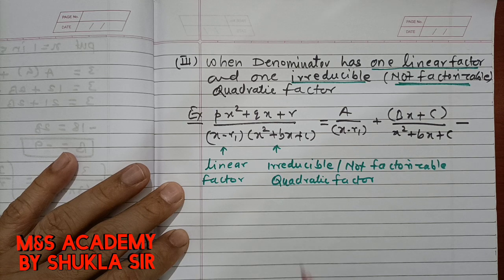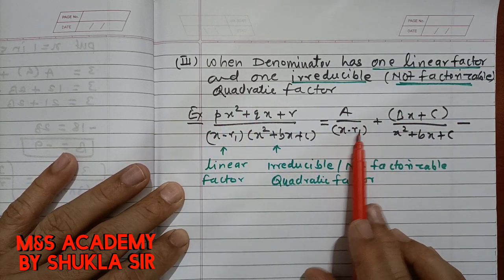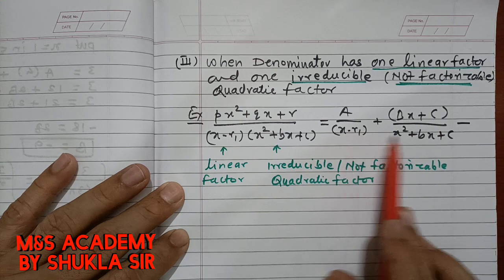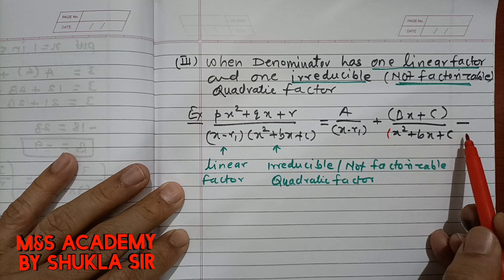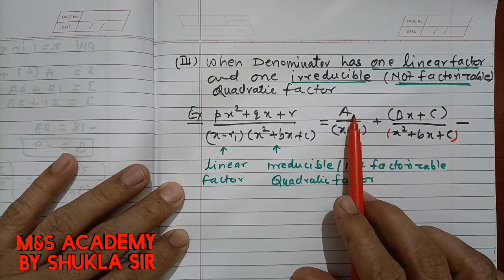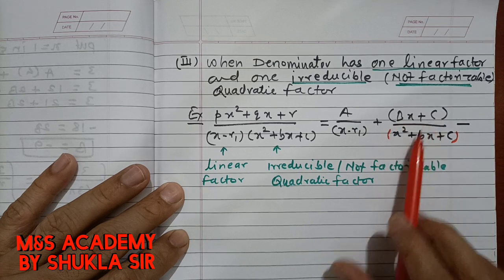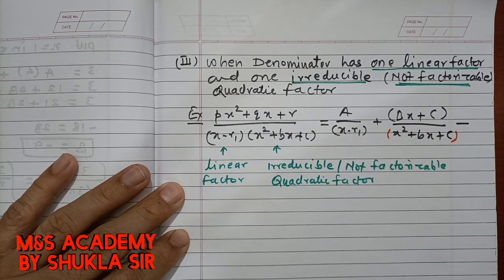So this is the method to write this rational function as A by the linear factor plus Bx plus C divided by the quadratic x square plus bx. Obviously this is linear, so this is a constant, this is linear, and this is quadratic, which is not factorizable.